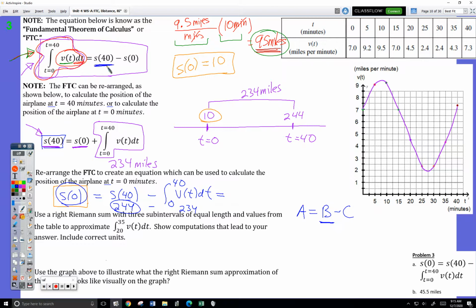So if I rearrange to solve for B, all I do is move the C across. I end up with C plus A is equal to B.